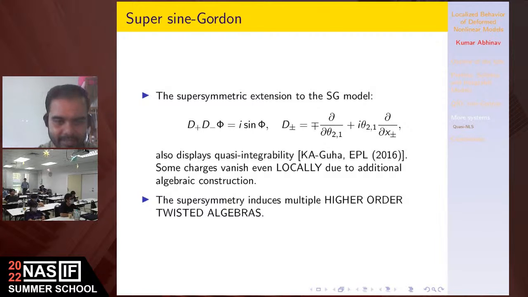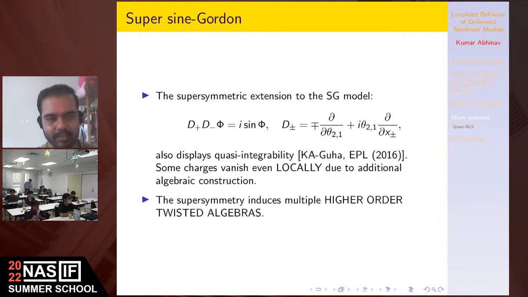So it's an extended system, and what we could show is that they can also display quasi-integrability, because this abelianization procedure passes through very easily, and all those things are satisfied.